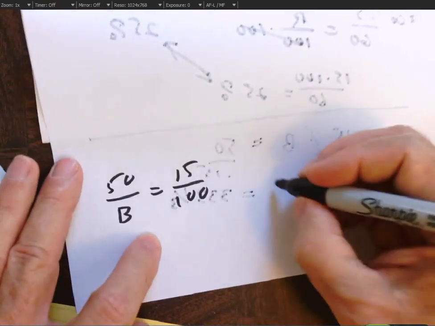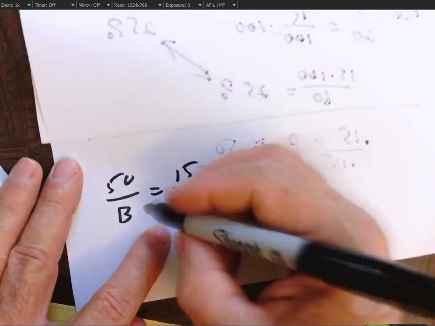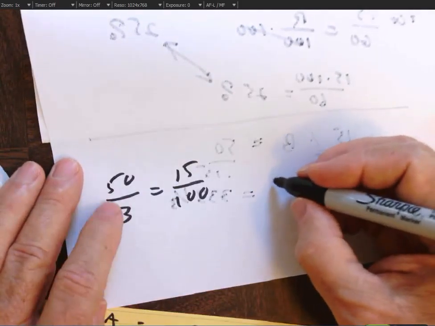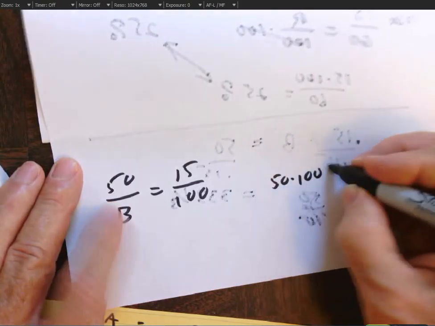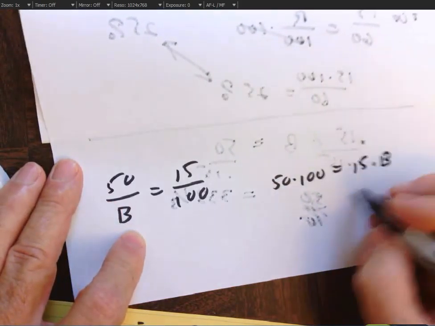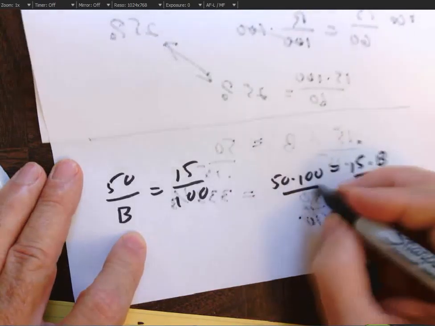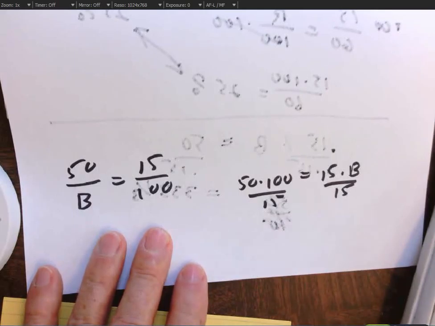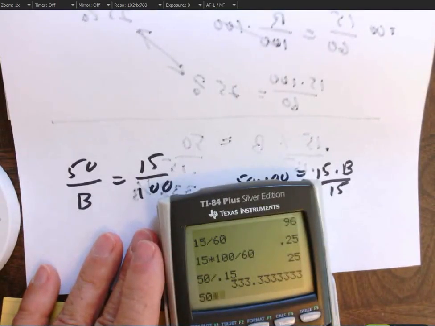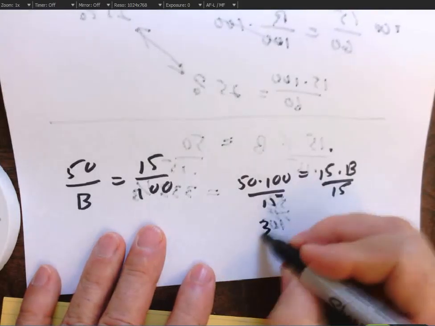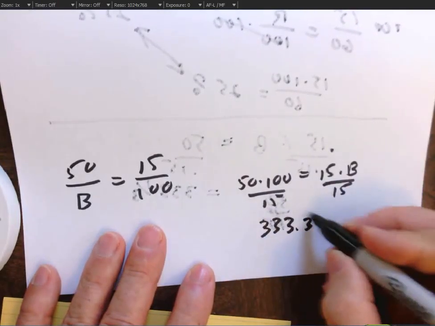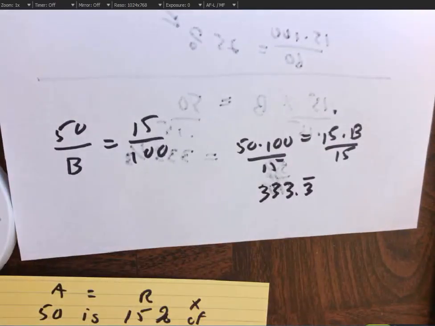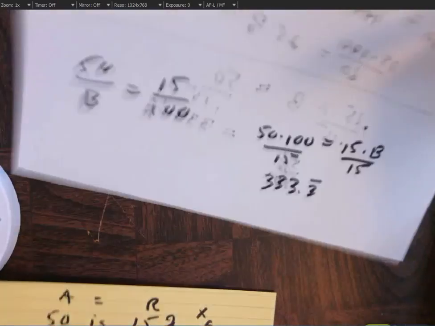So just do cross products here, because B is on the bottom. 50 times 100 equals 15 times B, and then divide by 15. So 50 times 100 divided by 15 gives me 333.3 repeating, same answer. Okay?